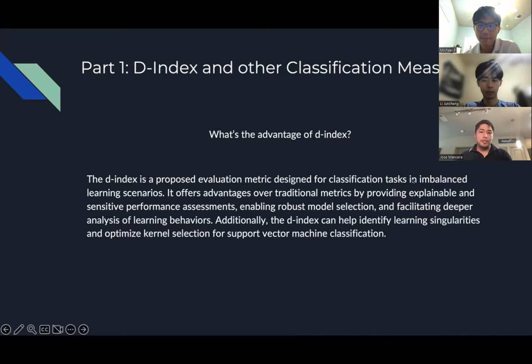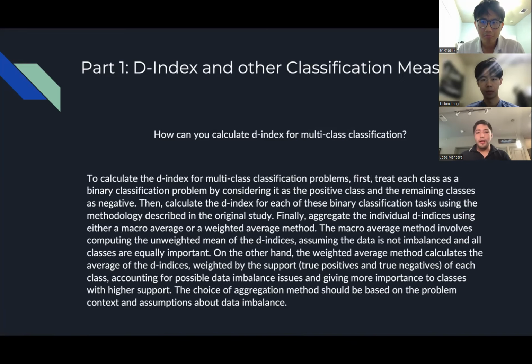It offers advantages over more traditional methods, you're able to adjust it based on sensitivity, and it gives you a better understanding of certain behaviors. The D index can also help identify singularities and optimize the kernel selection. We went through different kernels too, and even scaled the data with different methods, but we'll go into that a little more later.